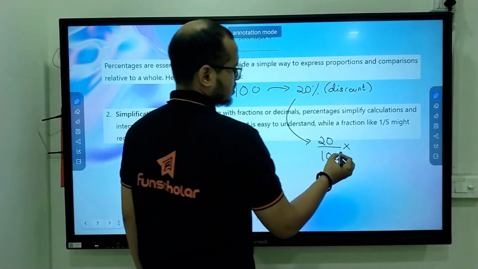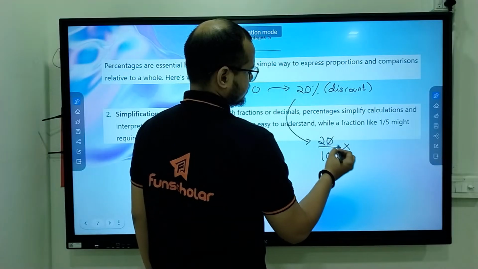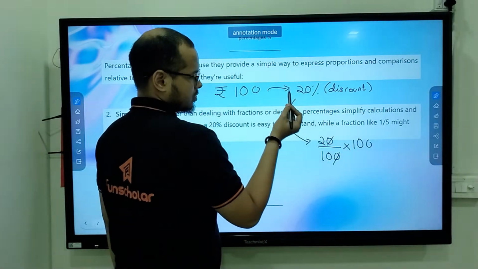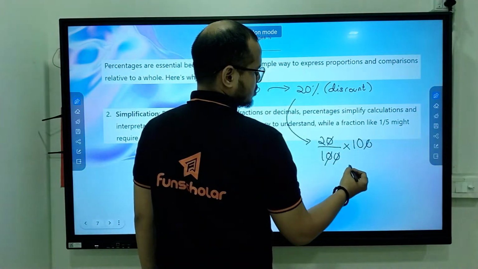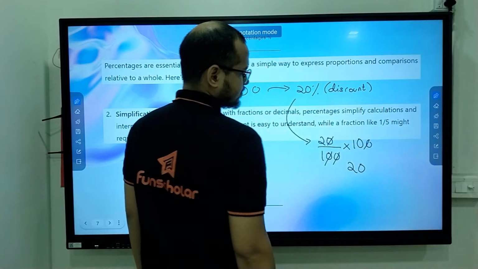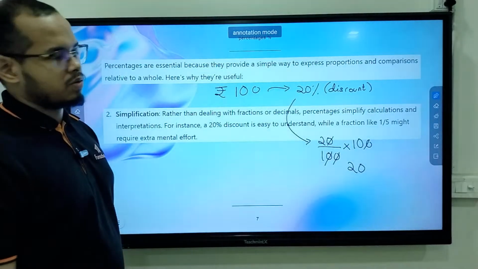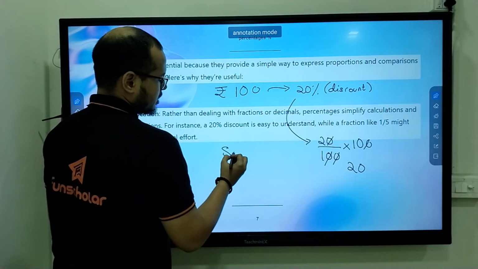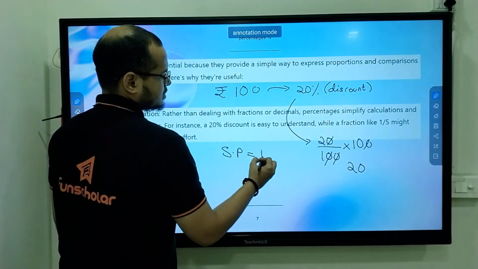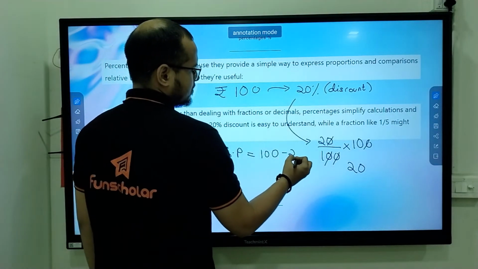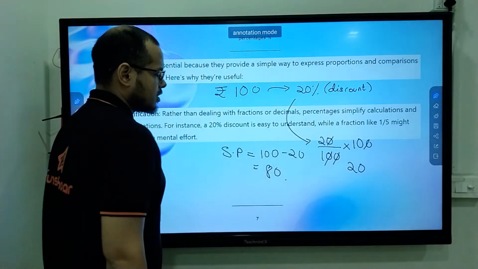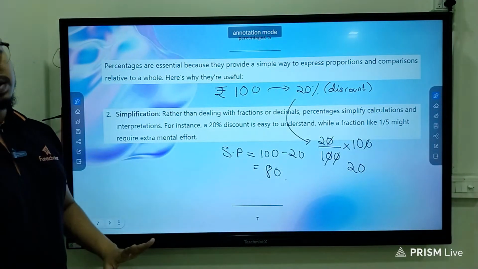Total value. Total value here is nothing but 100 only, so it is 20. So rupees 20 is the discount. Now the selling price is 100 minus 20, that is 80. So this is how we have got it using percentages.